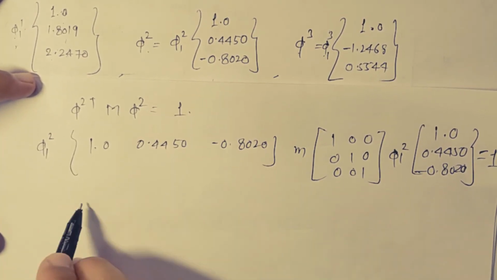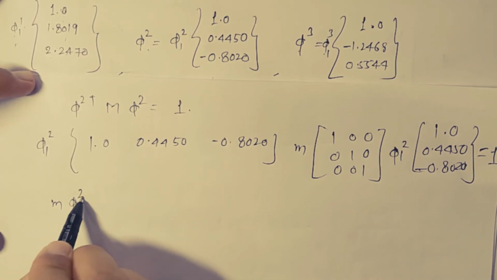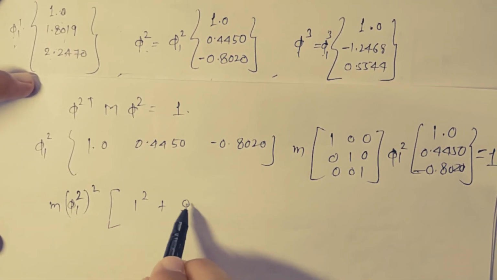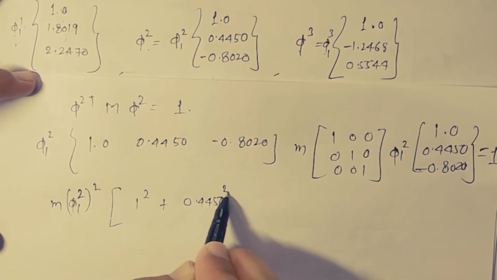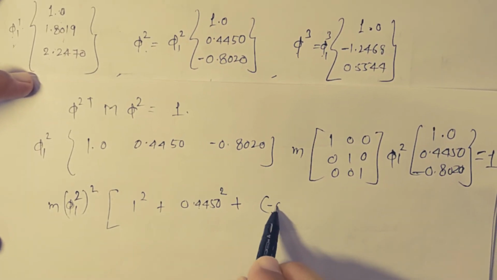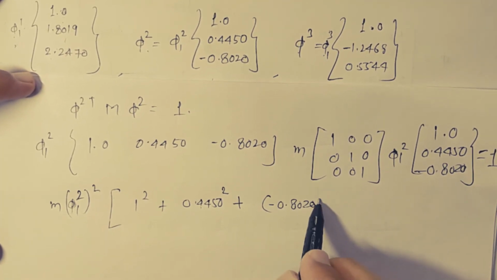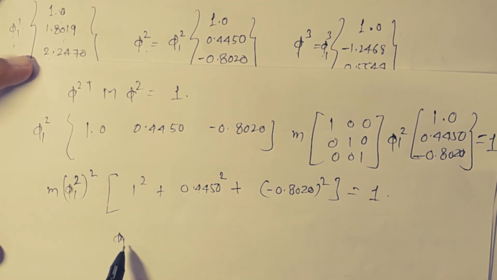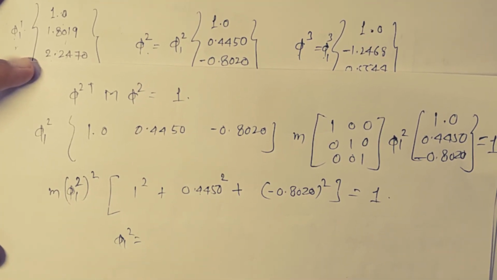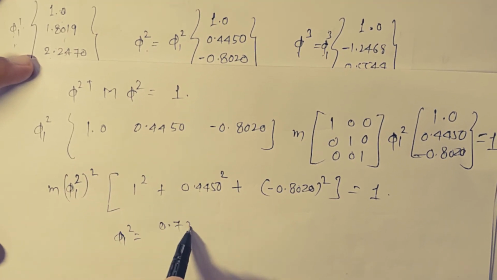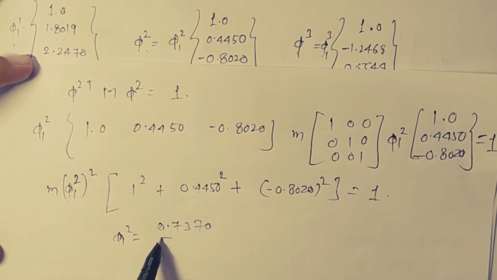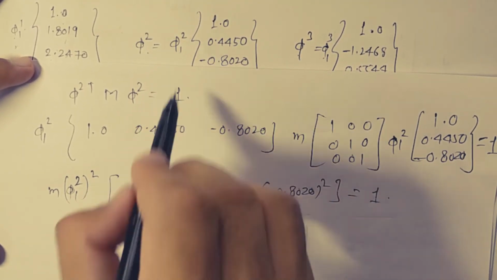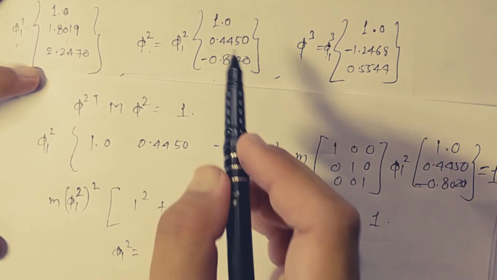I'll write phi 1 2 squared, and this is 1 squared, 0.4450 squared plus minus 0.8020 squared is equal to 1, and if we solve this, I'll get phi 1 2 equals 0.7370 over under root m. So now the second mode shape is mass orthonormalized.